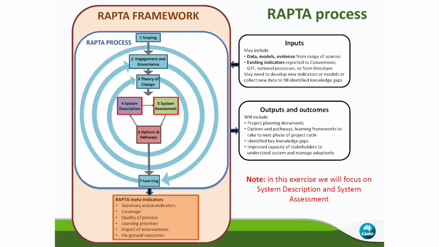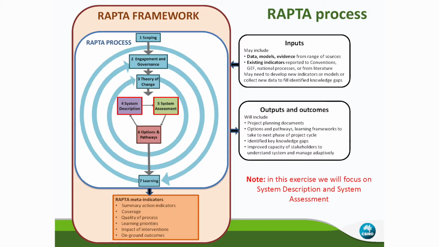Once you've done your system description, you can do your systems assessment. When we look at the systems assessment in terms of RAPTA, we look very much at what the risks are and what the vulnerabilities are, and we look at what the indirect and direct drivers of changes are or causes of the issues within communities or within the areas that we work.